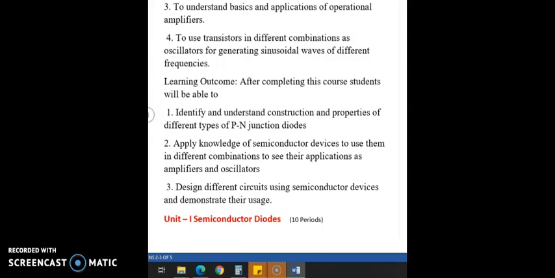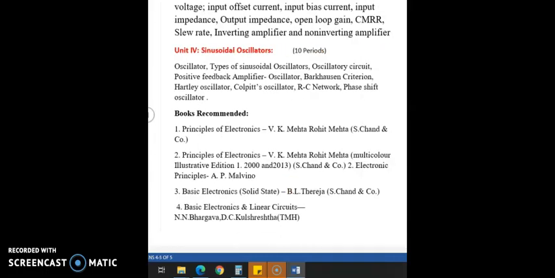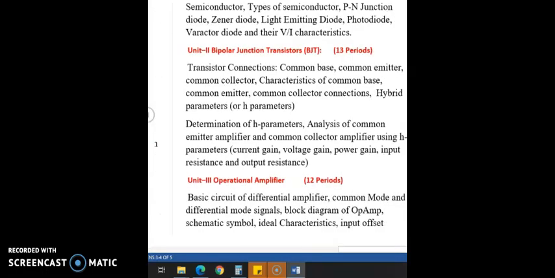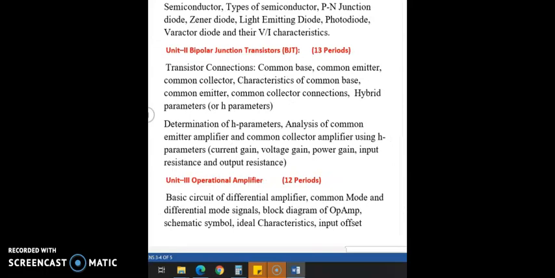Third unit is OPAMP, that is operational amplifier. What does it include? Basic circuit of differential amplifier, common mode and differential mode signals, block diagram of OPAMP, schematic symbol, ideal characteristics of OPAMP, input offset voltage, input offset current, input bias current, input impedance, output impedance.